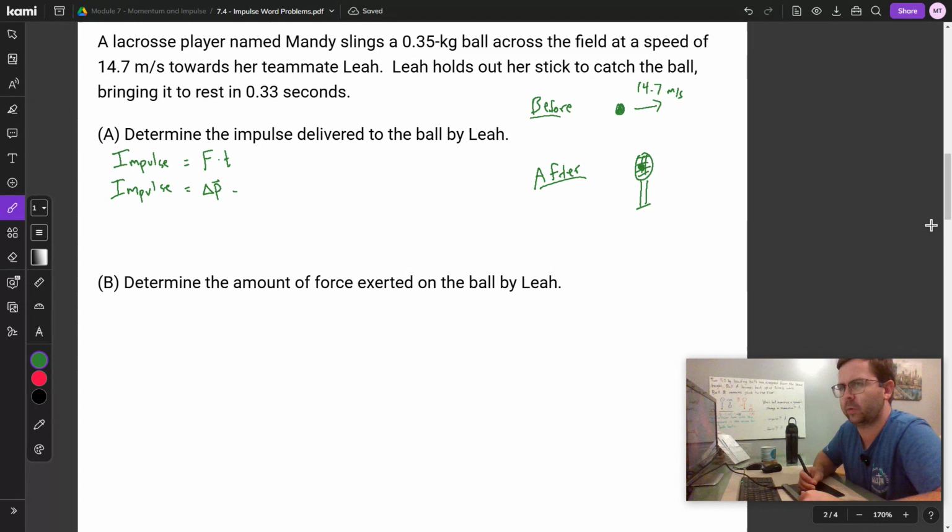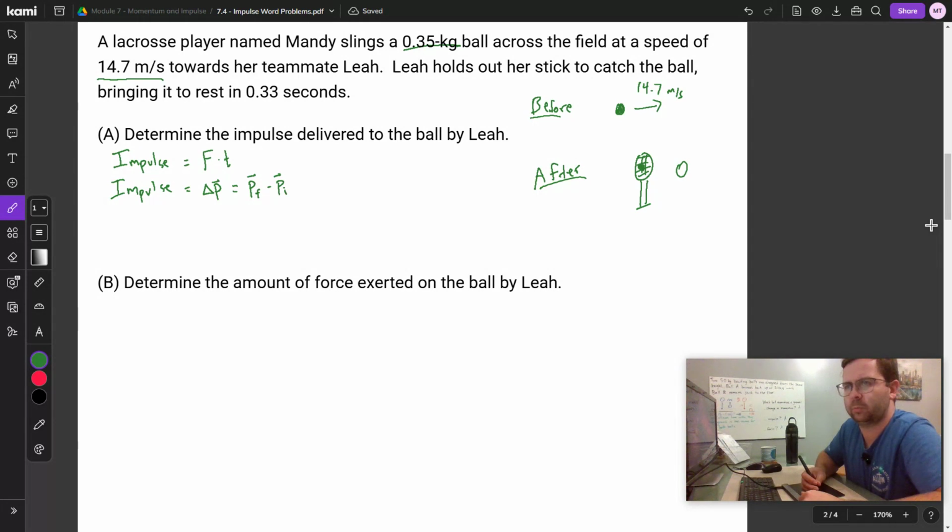And just to be really clear, the change in momentum is the final momentum minus the initial momentum. So it looks like we are able to find the momentum of the ball because we're given a mass and a velocity. We know it comes to rest, so we know it ends at 0 momentum.